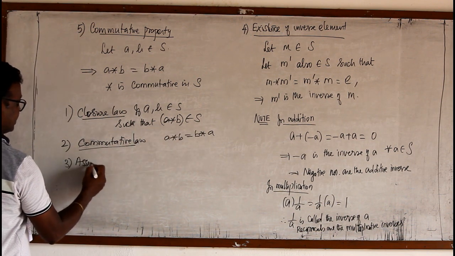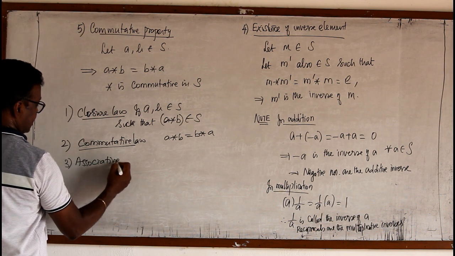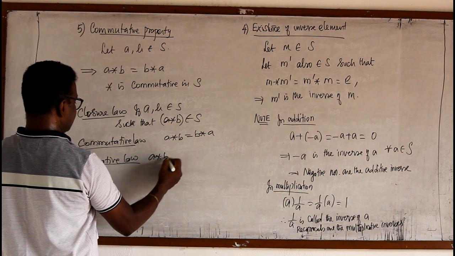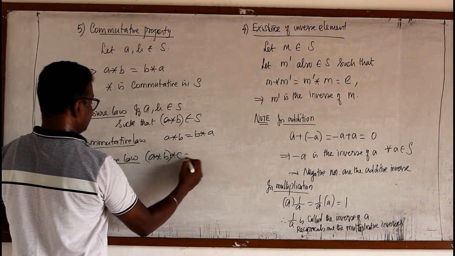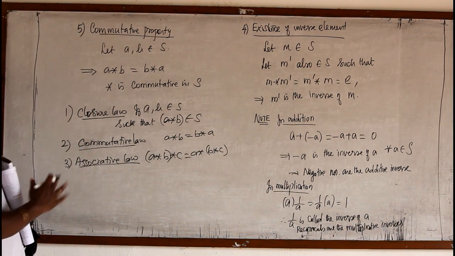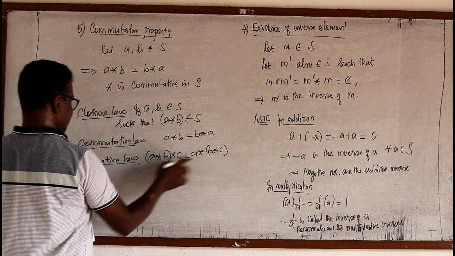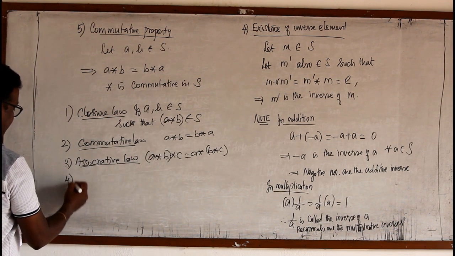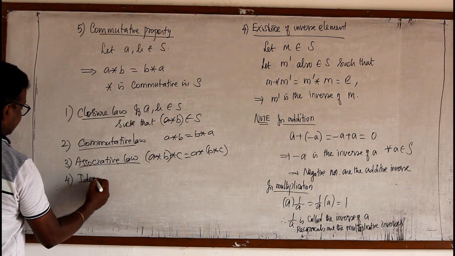Then the associative law. Associative law means I need three elements: A star B star C equals A star B star C, that is, if I regroup the operations, then we say it is the associative law. Then existence of identity.